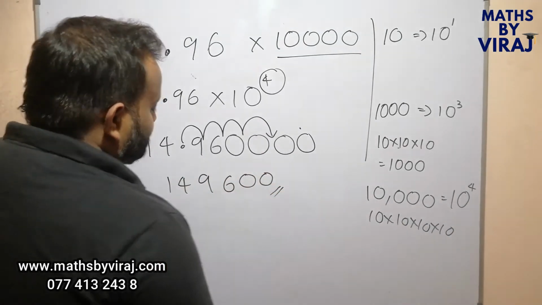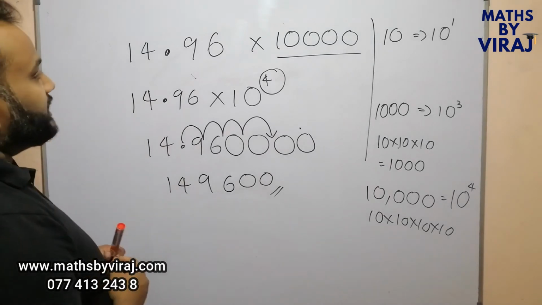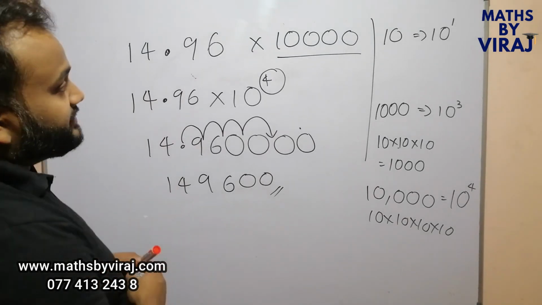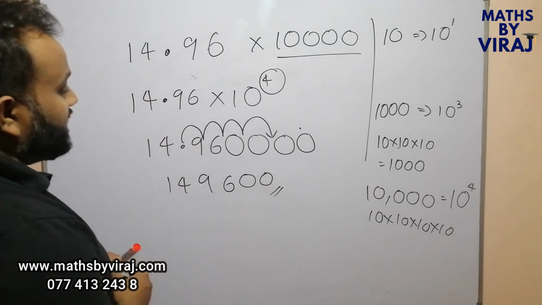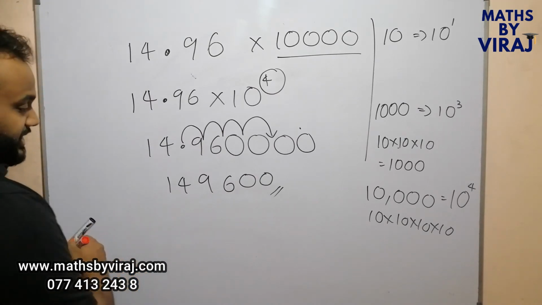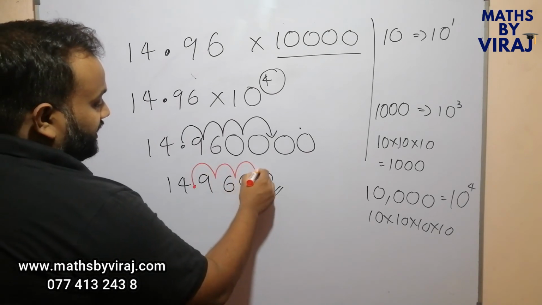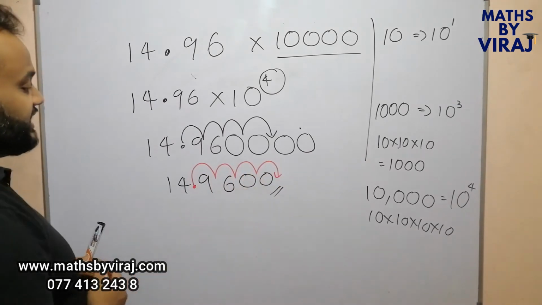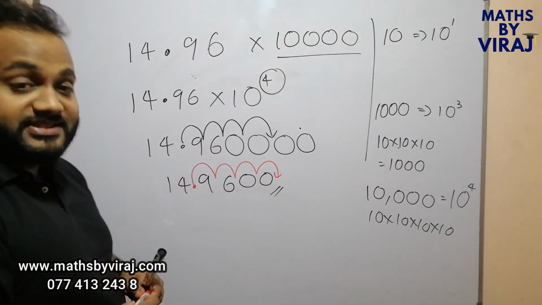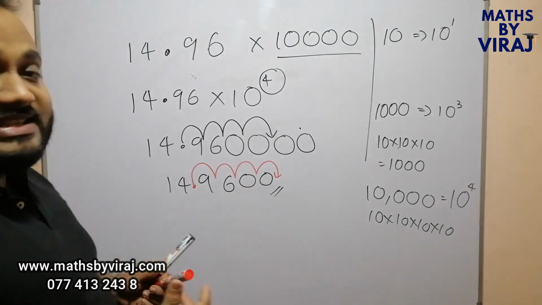Look at that. First we started off with 14.96, which was multiplied by 10,000. Originally the decimal point was over here. Now it has jumped 1, 2, 3, 4, giving us the final answer 149,600. So this is an easy method.